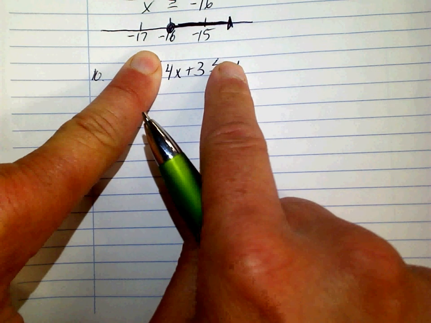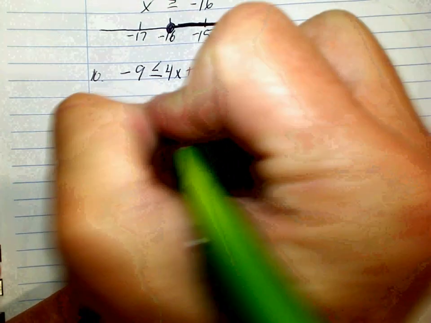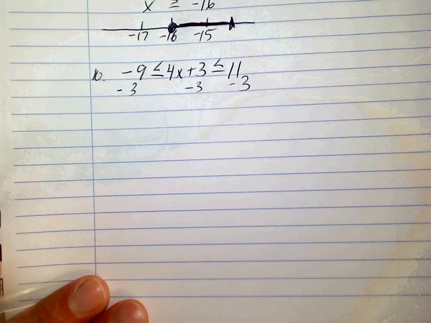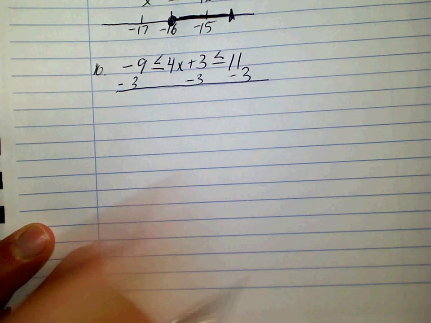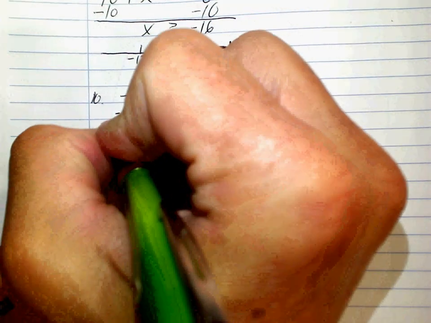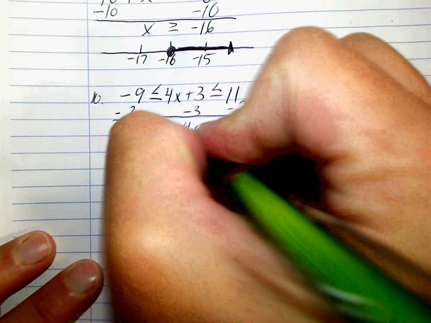So I can subtract 3 here, here, and here. What does that give me? That gives me negative 12 less than or equal to 4x less than or equal to 8.